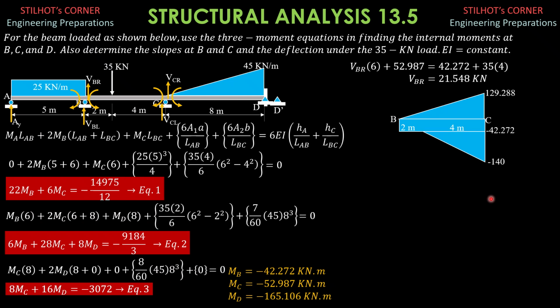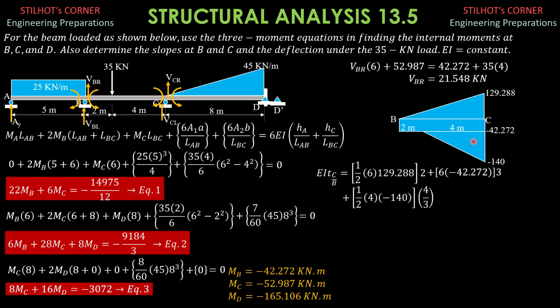I then compute EI times the deviation of point C relative to the tangent at B. From the area moment theorems, it's just the moment of these areas with respect to C. So it is equal to 1 half area of this triangle, 1 half 6 times 129.288, moment arm is 2 from C. Then plus 6 times negative 42.272 times 3. Then moment of this area plus 1 half of 4 times negative 140.